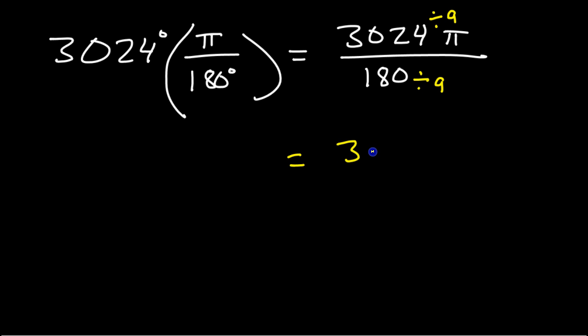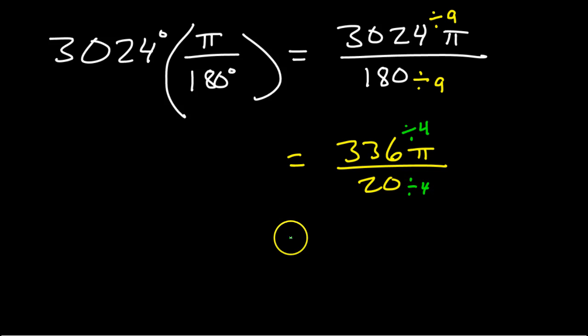Okay, so that gives us 336 pi over 20. I can tell that both of these numbers are divisible by 4 because 36 is divisible by 4 and so is 20. So let's do that.